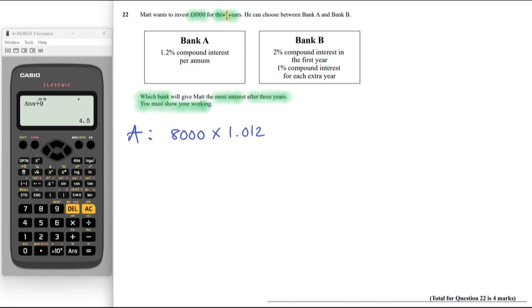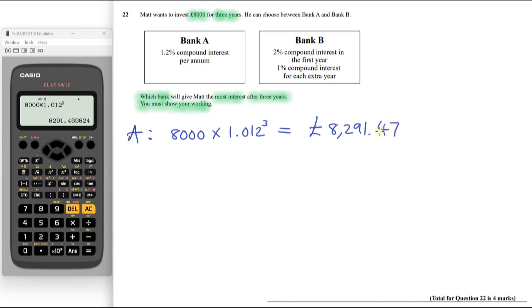Now he's going to be doing that for 3 years, so we're going to raise that to the power 3. So we've got 8,000 multiplied by 1.012 to the power of 3, and we get a grand total of £8,291, and let's round that to 47 pence.